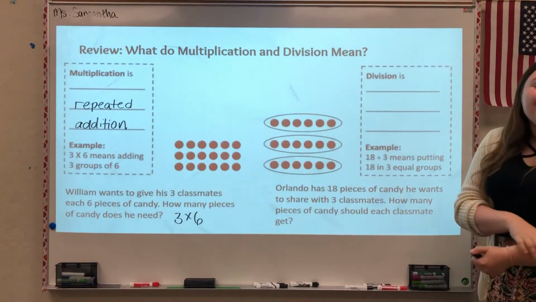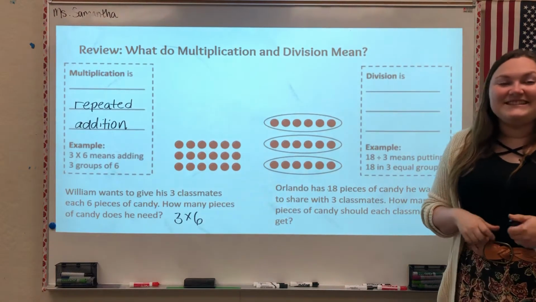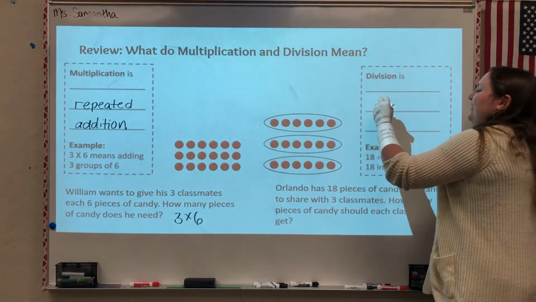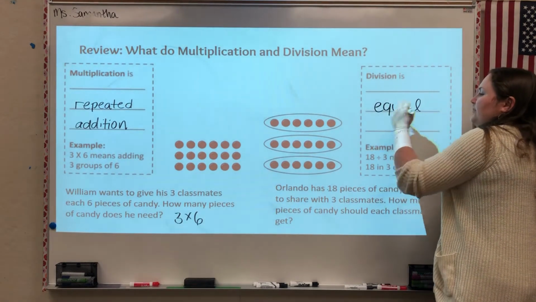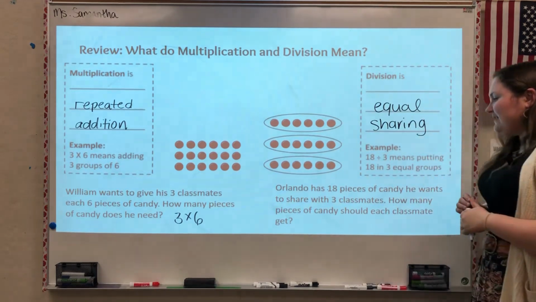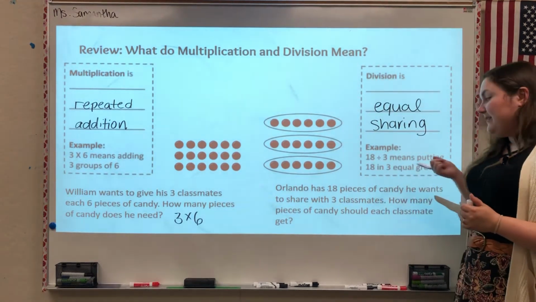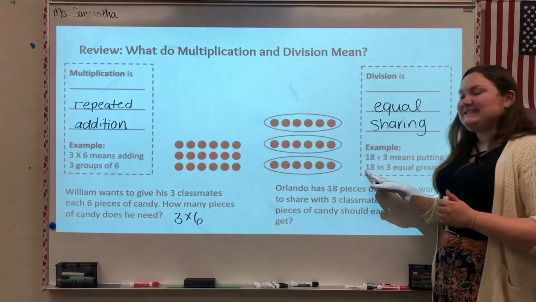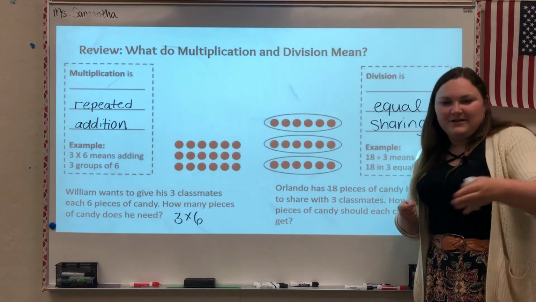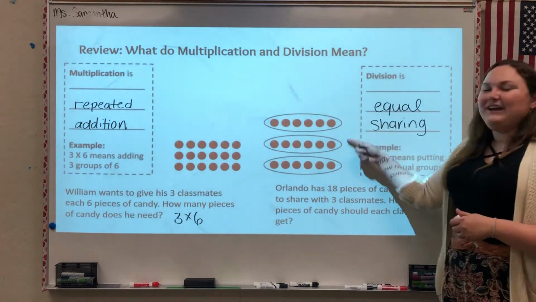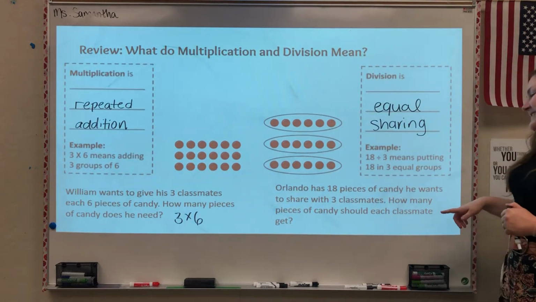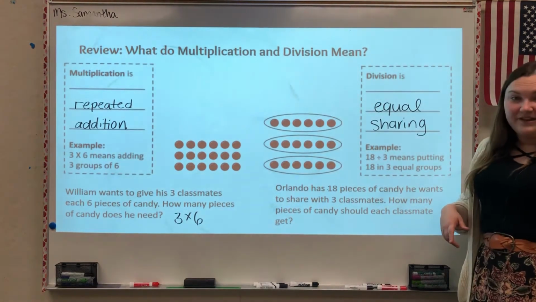On this side is a review of what we learned yesterday in our division lesson. Yesterday we learned that division is this idea of equal sharing. What I mean by equal sharing is that something like 18 divided by 3 means you're putting 18 into 3 equal groups. You're sharing 18 equally between 3 circles. Something like Orlando has 18 pieces of candy he wants to share with 3 classmates.